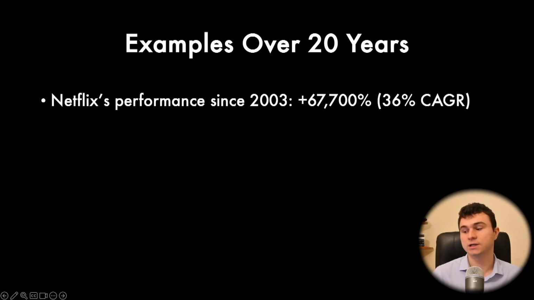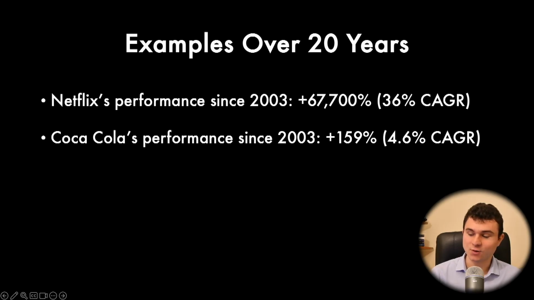So on average, it's as if you had 36% per year for 20 years. That's huge. And also, let's see the returns of Coca-Cola since 2003 that did plus 159%. That's a shy, almost 5% CAGR over 20 years.